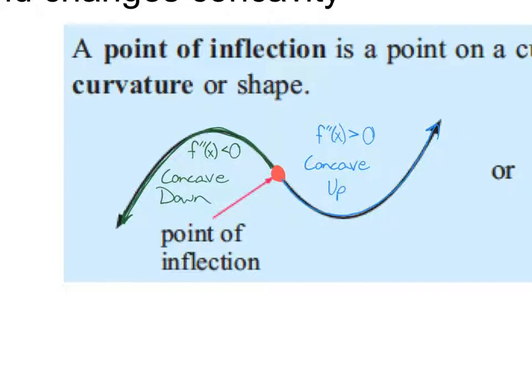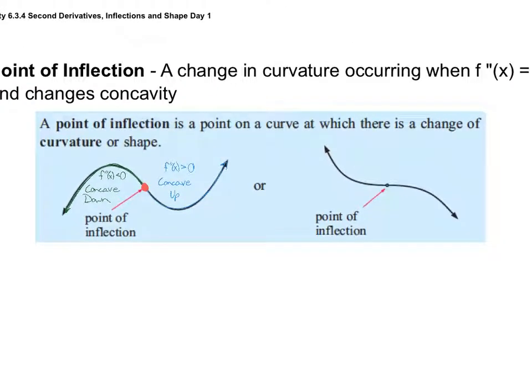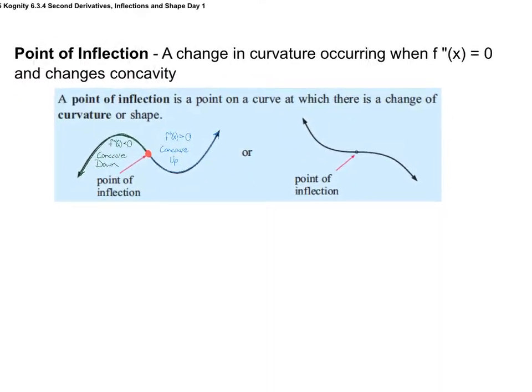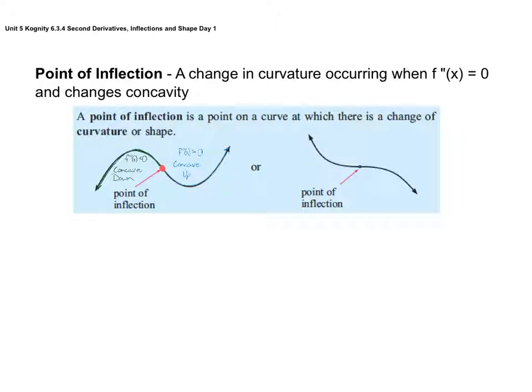Okay? Now, a couple notes about points of inflection. In order for there to be a change from positive to negative, somewhere it's got to hit 0, right? So, the point of inflection is where the second derivative equals 0 and then changes concavity. Okay?